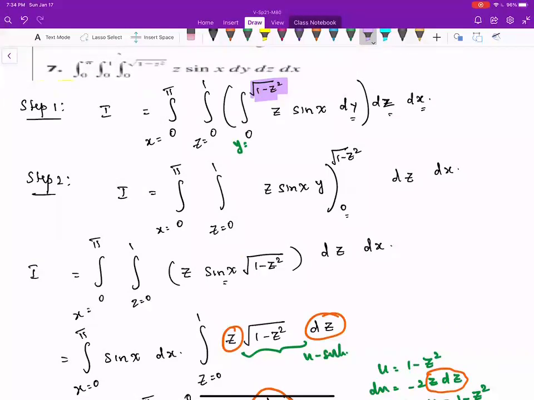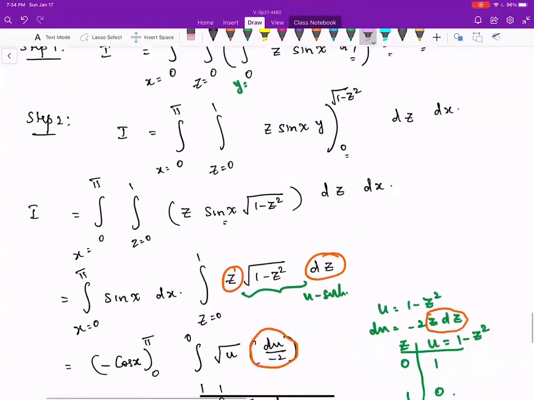You integrate the innermost, apply the upper and lower limits for the variable y, and then do the integration with respect to z, then with respect to x. You can separate the variables only when they are separable and the limits are constant. We did that only at this part where we could separate the variable.